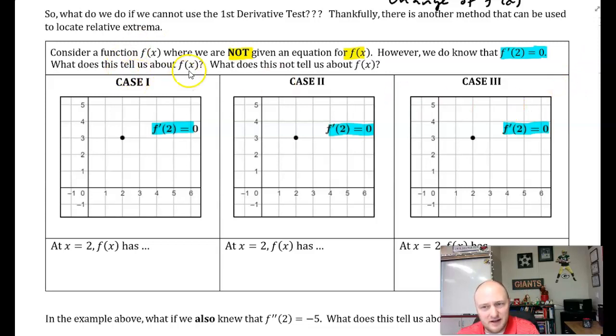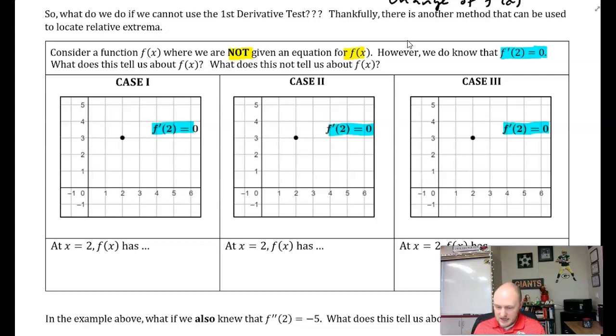What does that tell us about f of x? Well, it just tells me that the slope there is 0. I have a candidate for a relative extrema. I could have a max, I could have a min, I could have nothing. It could be a saddle point. What does it not tell you? I don't know if it's a max, a min, or neither.